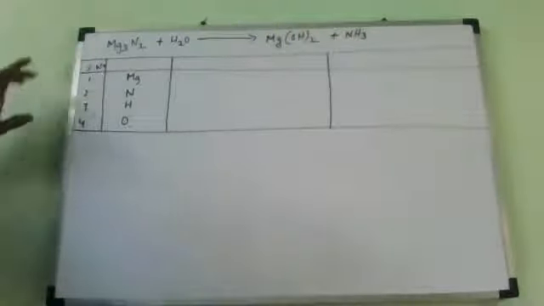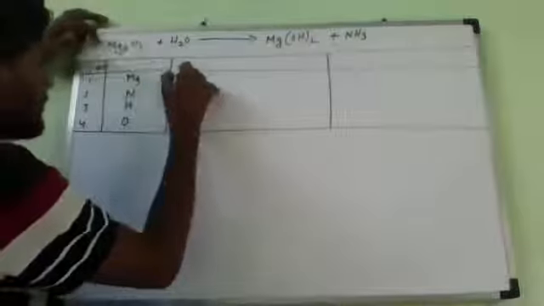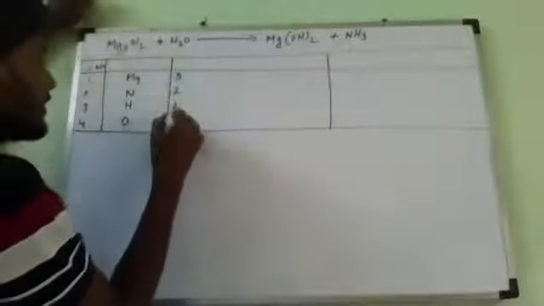Now, any one of you tell me the reactant side. What is the count of magnesium? 3. Nitrogen 2. Hydrogen 2. Oxygen 1. Product side, you tell me.